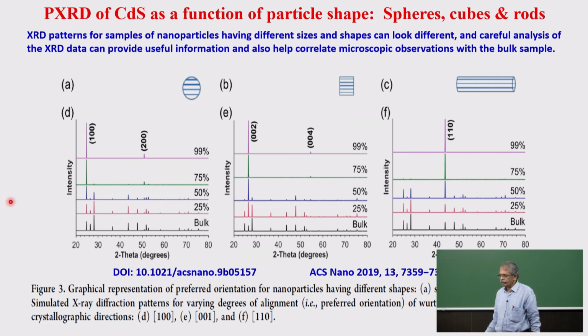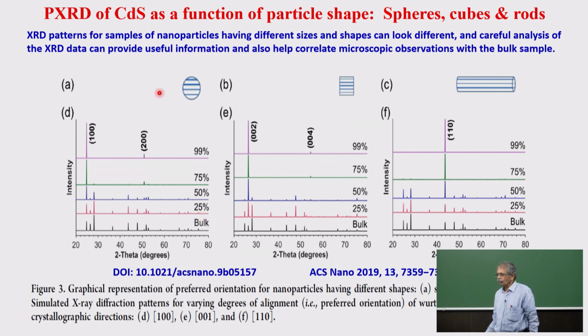Now if you look at each of these, their spectral things, this is in the bulk without much of this, and then you have 25% of this, 50% of this, 75% of this, almost 90% of this. If you have all of it or 99%, you get only 2 peaks of this, and 2 plus 2, 3 small peaks when you have 75%, when you have 50%.